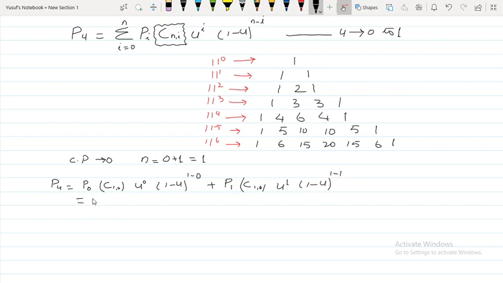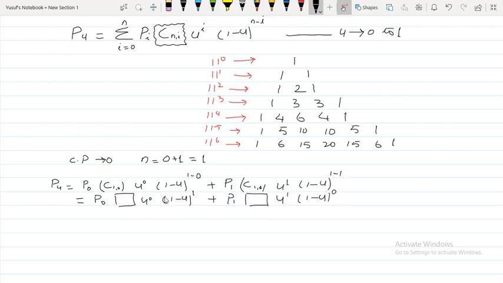So we can write P0 some constant number, u raised to 0 will be 1, 1 minus u raised to 1, plus P1 some constant, then u raised to 1, 1 minus u raised to 1 minus 1 is 0.